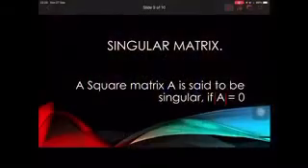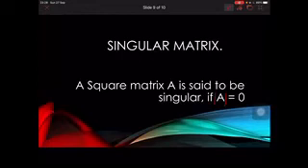Singular matrix. A square matrix A is said to be singular if determinant A is equal to 0. That means if the determinant value of the matrix is 0, then we call it a singular matrix.